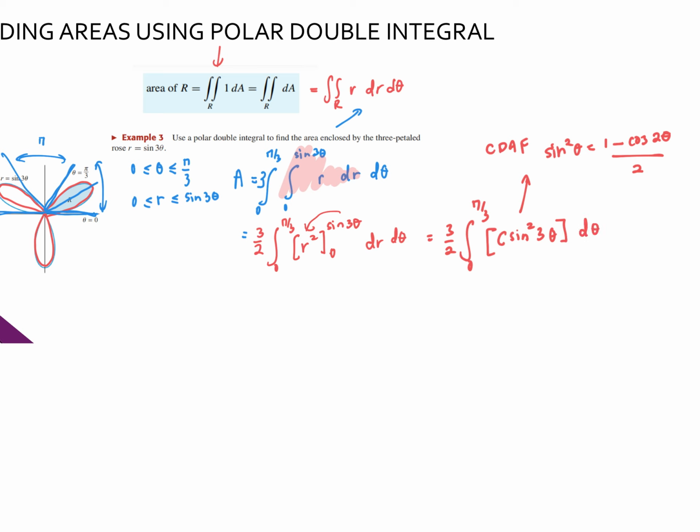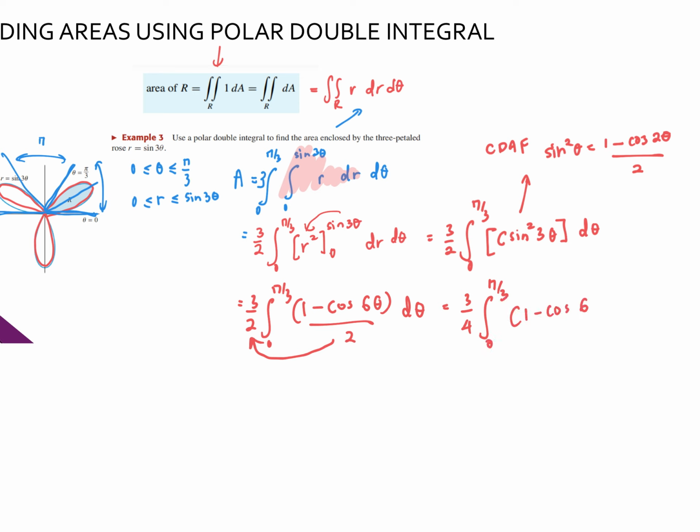From here we will get 3 over 2, integral from 0 to pi over 3 of 1 minus cos 6 theta over 2 d theta. We put 2 outside, so we will have 3 over 4, 1 minus cos 6 theta d theta.